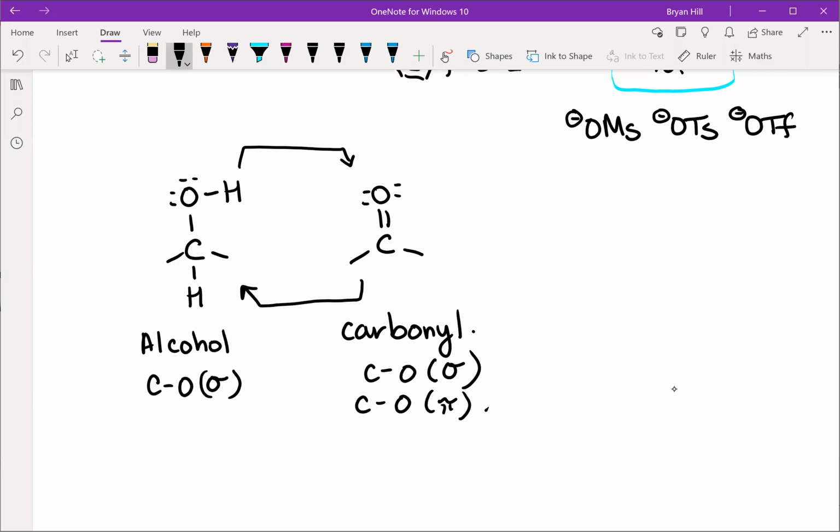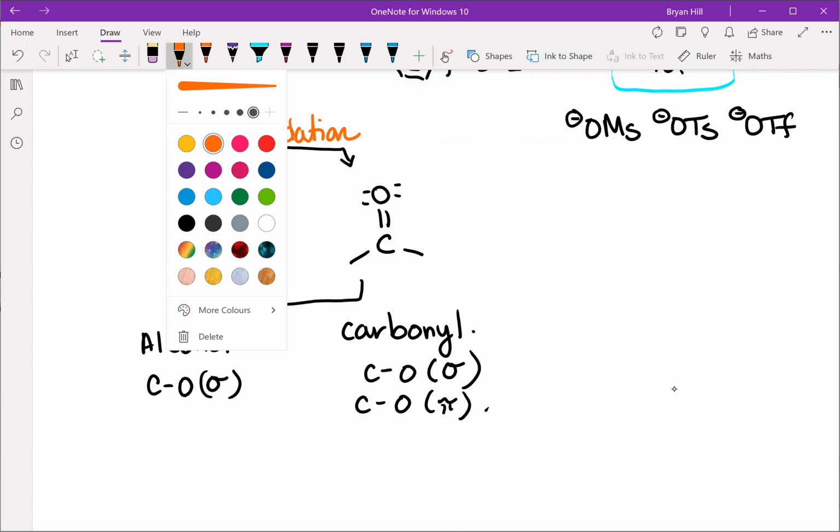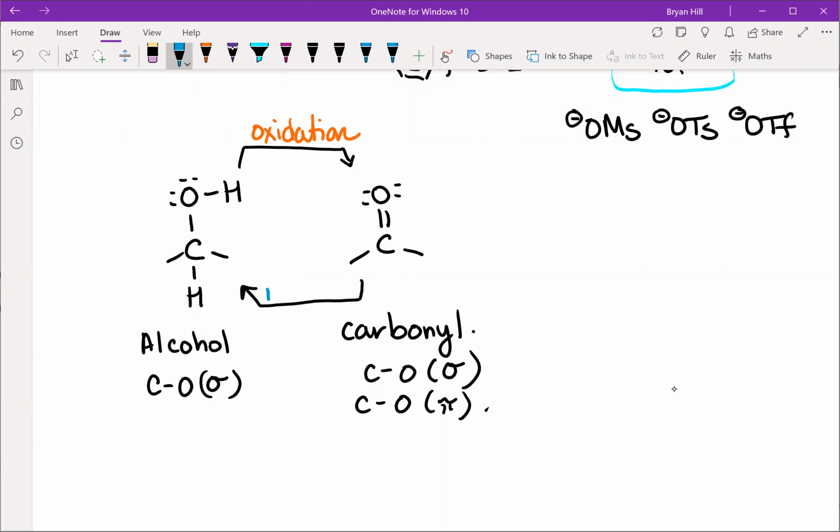So anytime you're removing hydrogen and adding oxygen to a carbon, we call this process an oxidation. And anytime you're removing a carbon-oxygen bond and adding a carbon-hydrogen bond, we call this process reduction.